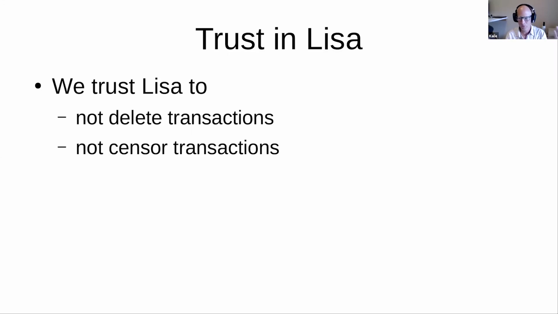So anyone can verify these transactions. Anyone with read access to the spreadsheet can verify that the transactions are valid and the signatures in them are valid. So Lisa can't change numbers in the transactions anymore. But she can delete transactions and she can censor transactions.